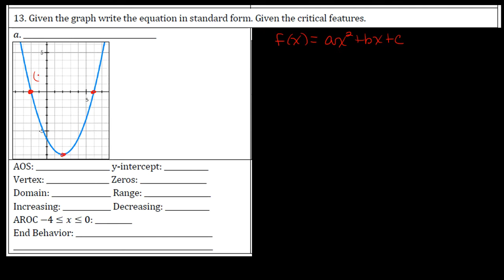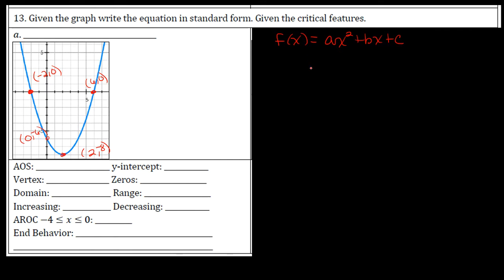One root is -2, 0. The other root is 6, 0. And then I can either use the y-intercept, 0, -6, or I could use my vertex, which is 2, negative 8.